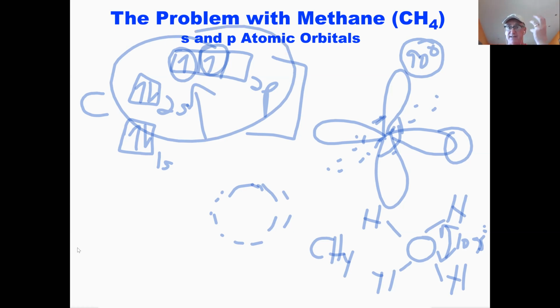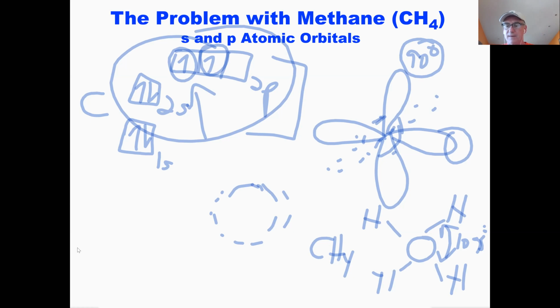That's what had scientists coming up with the idea that something's got to be different between how electrons are organized in an atom and how electrons are arranged in a molecule. Okay? And we'll get to how that is next class. So any quick questions about this so far? I just sort of introduced the problem, and then next class we're going to deal with how to solve it.